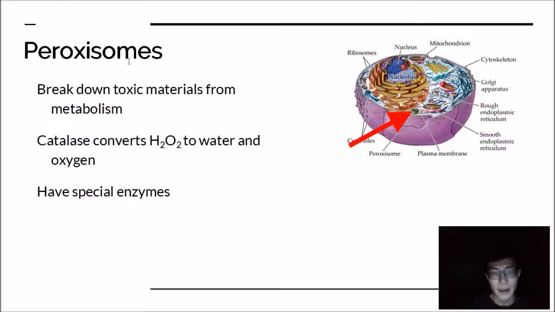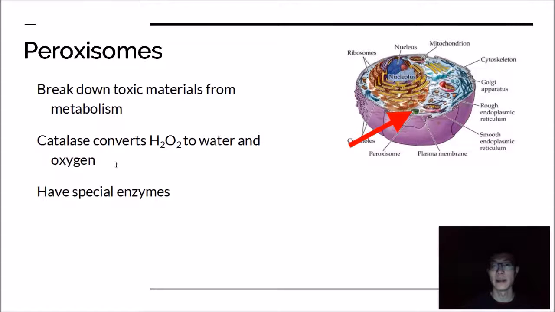So the next thing that we're going to mention is the peroxisome. The peroxisome is a fascinating little organelle right here in this little greenish colored thing in this particular diagram over here. The peroxisome is fascinating in the sense that it actually breaks down toxic materials from metabolism.